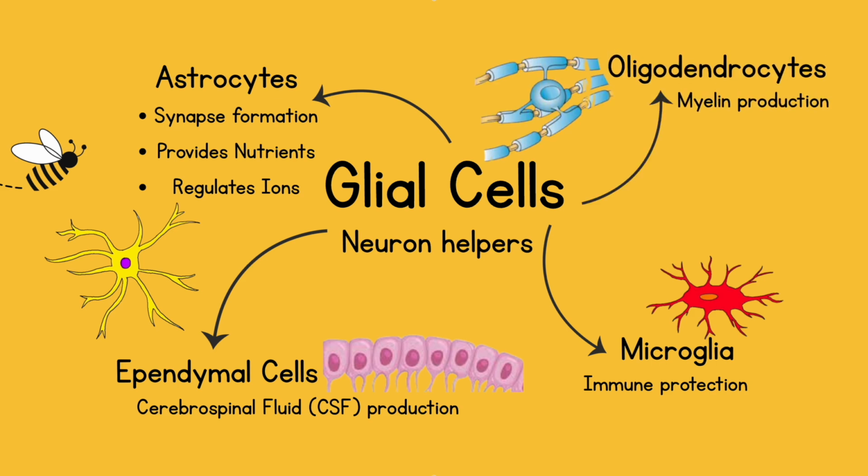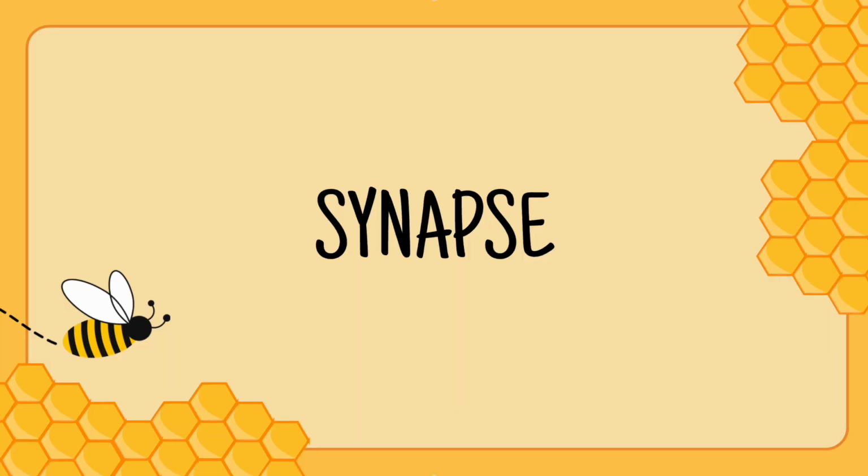And finally, we have oligodendrocytes, which I mentioned, that produce myelin, but only in the central nervous system. Remember that Schwann cells produce myelin in the peripheral nervous system. So these are the four main glial cells, at least in the central nervous system, that you would need to have a solid understanding of for Brain B.